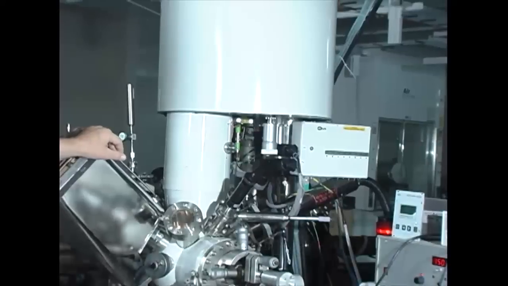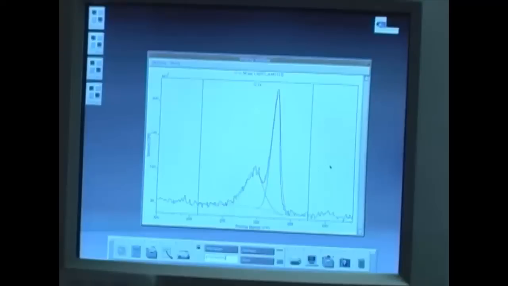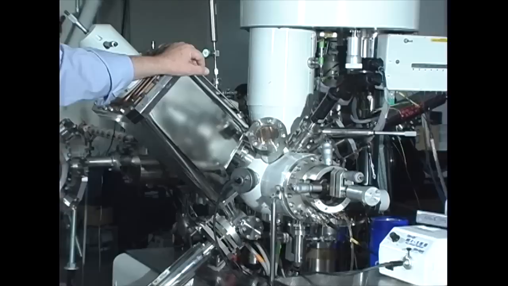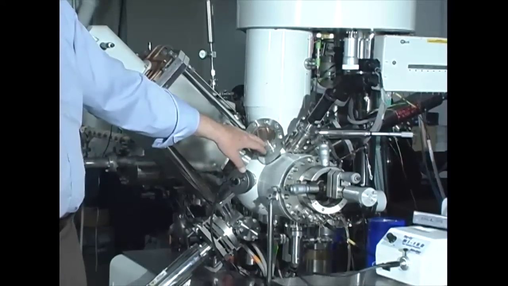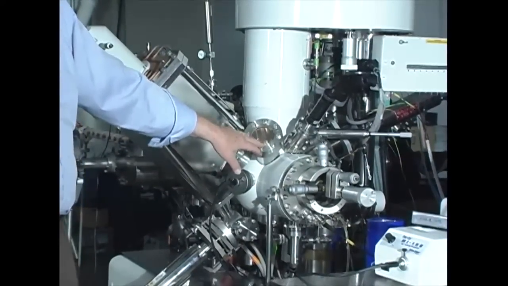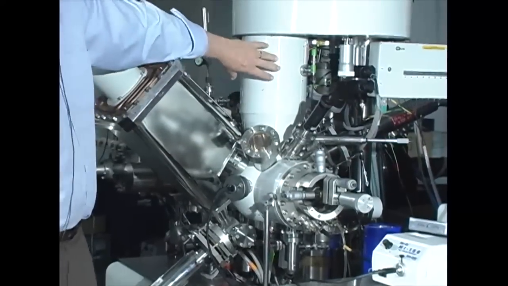The data then is output, as we'll see in a bit, on the screen over here to give us elemental compositional information about the sample surface. The intriguing part of this technique is that only photoelectrons that are generated within a few nanometers of the surface of the material that we're looking at are actually collected and analyzed.